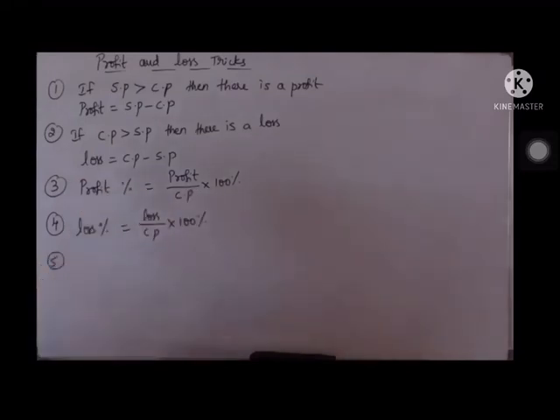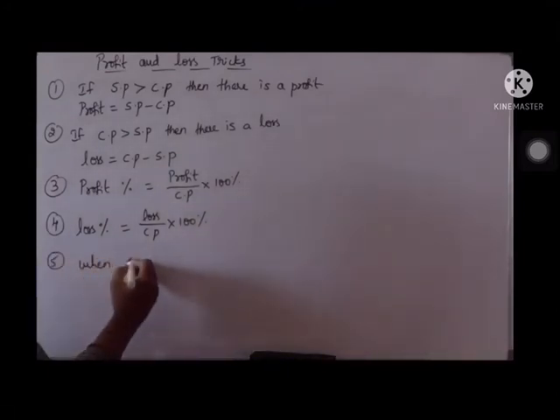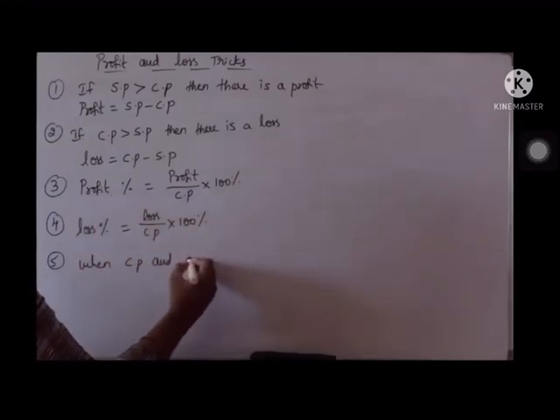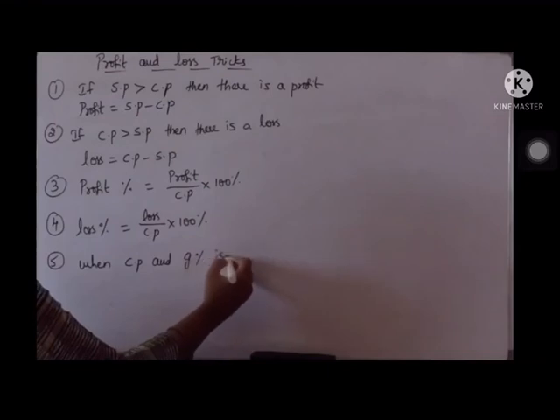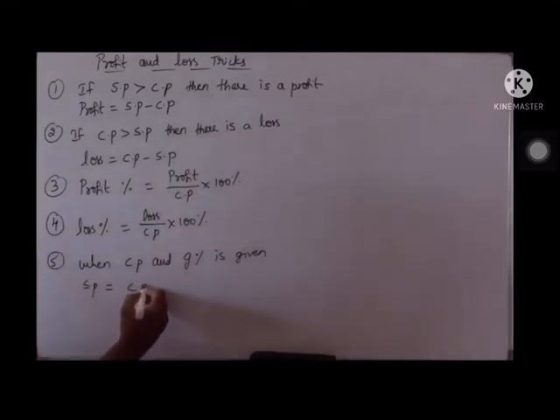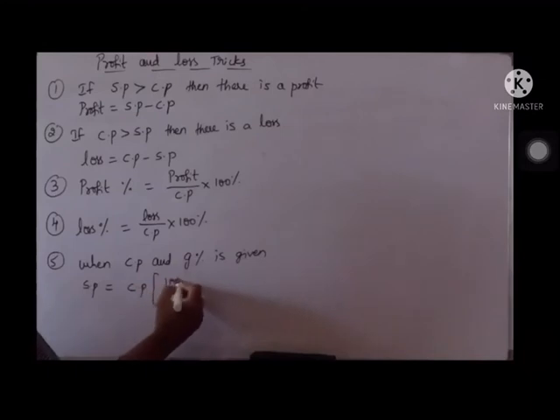And some more formulas are also there, children. Suppose they give CP and gain percent, that is profit percent. You can call profit percent gain percentage also. So when CP and gain percentage are given, how to find SP? SP is nothing but CP into 100 plus gain percentage by 100.